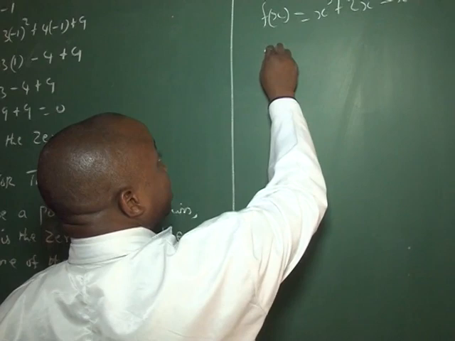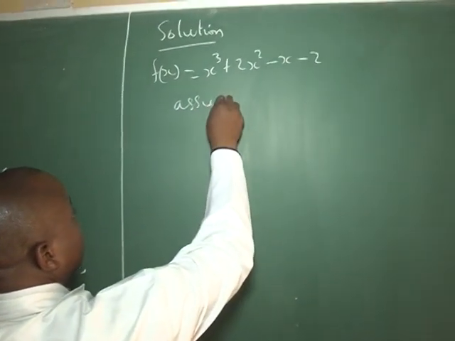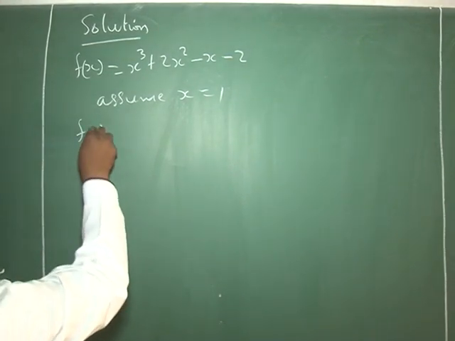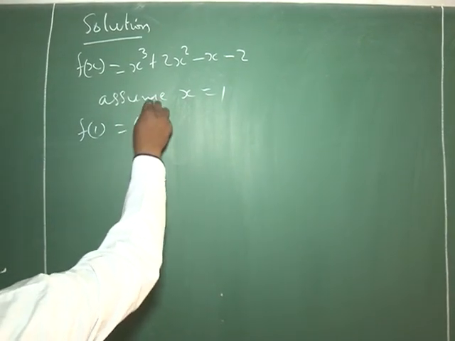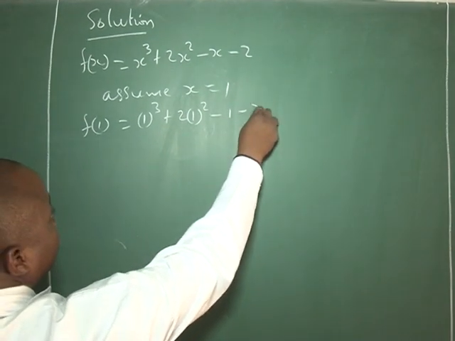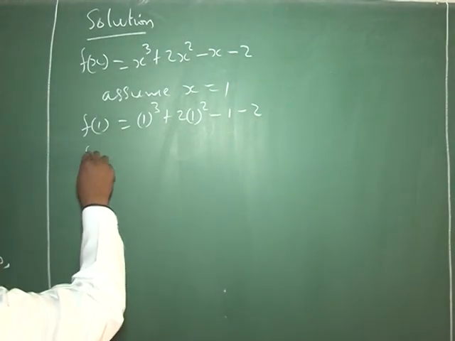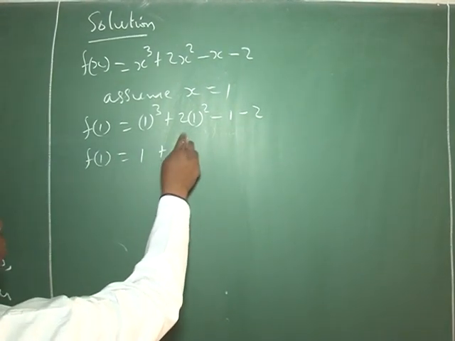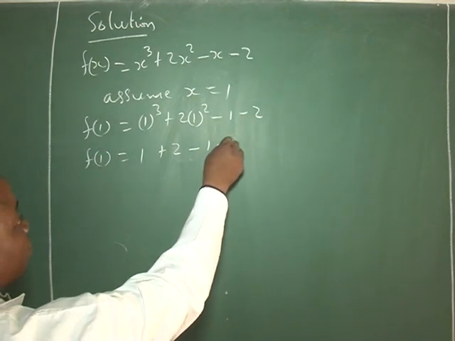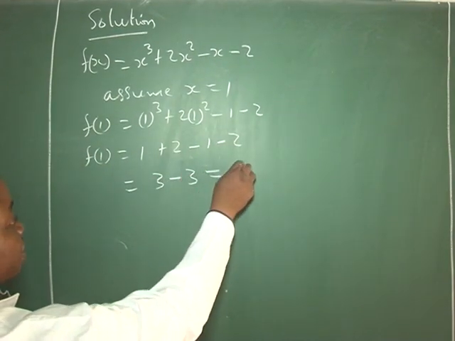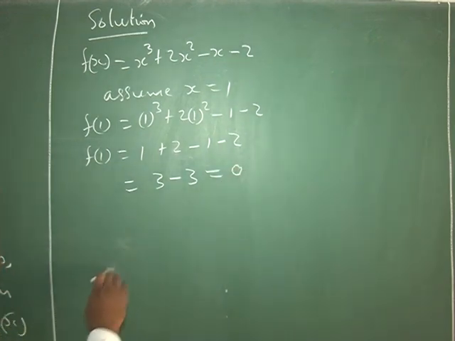Now, assume x equals 1. You have f of 1 equals 1 cubed plus 2 times 1 squared minus 1 minus 2. So f of 1 will be equal to 1 plus 2 minus 1 minus 2, and this will give us 3 minus 3, which is equal to 0.